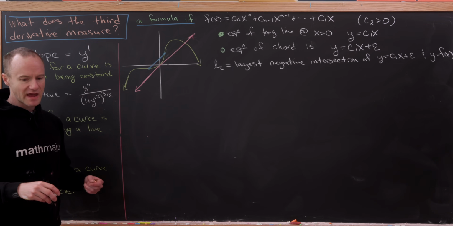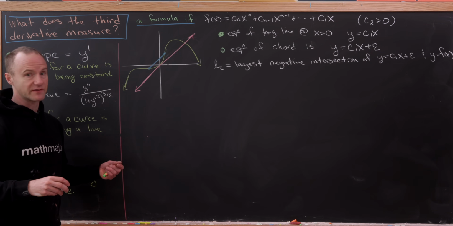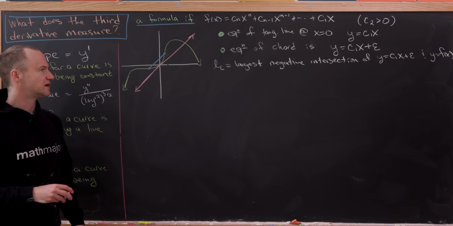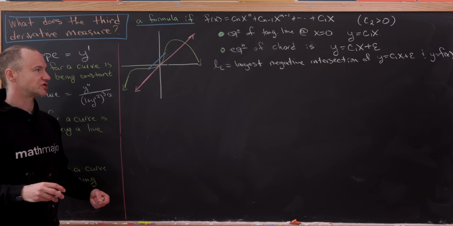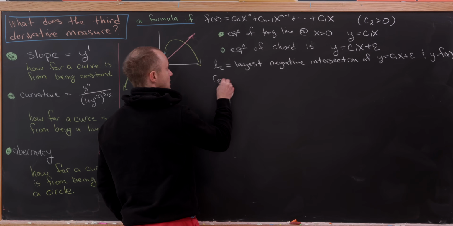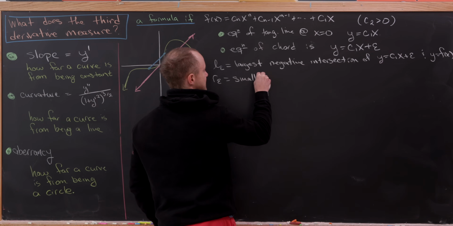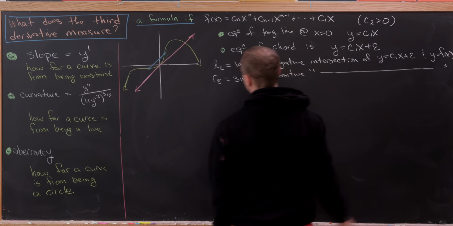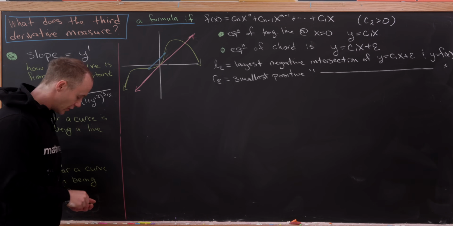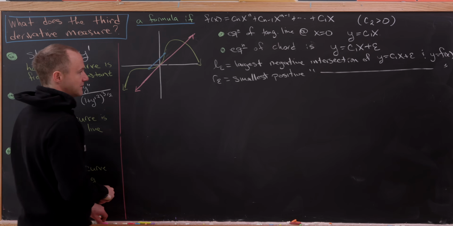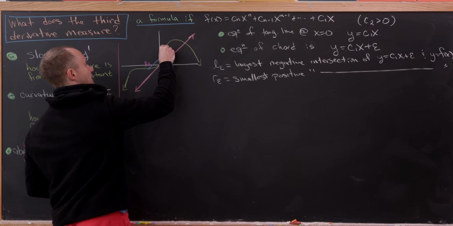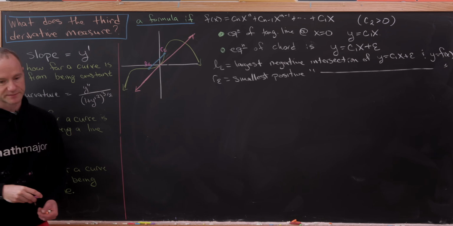We may have a lot of intersection points given that we've got a high degree curve, so it's important to set it so that we have this largest negative intersection point. And then, as we'll see, R_epsilon will be the smallest positive intersection of those two as well. So that makes this point right here L_epsilon, and this point right here R_epsilon.